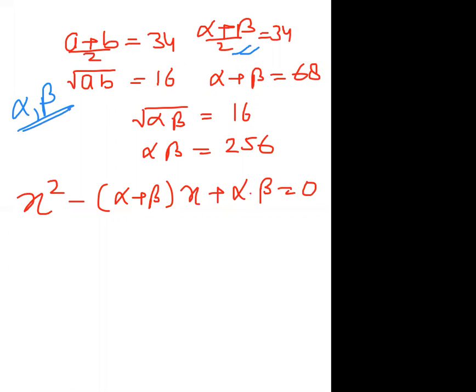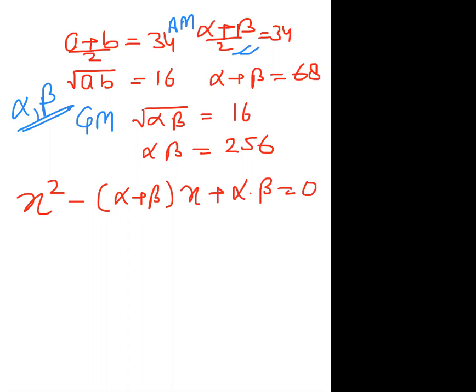So alpha plus beta by 2 is 34, so alpha plus beta will be 2 times 34, that is 68. Their geometric mean is square root of alpha beta. This is the geometric mean, this is the arithmetic mean. So the geometric mean is square root of AB, that is 16.